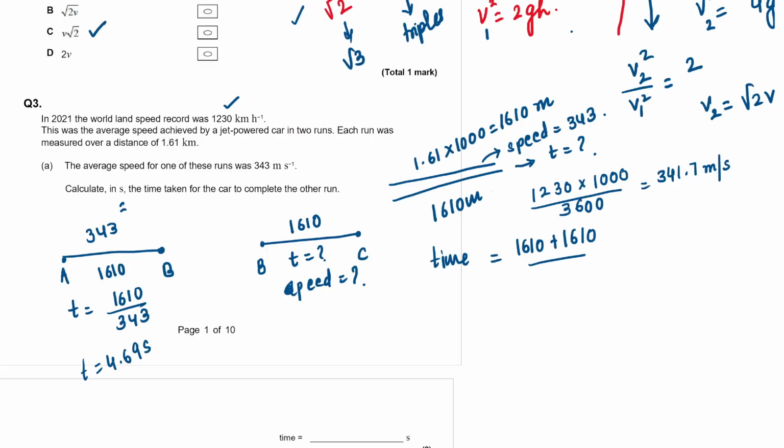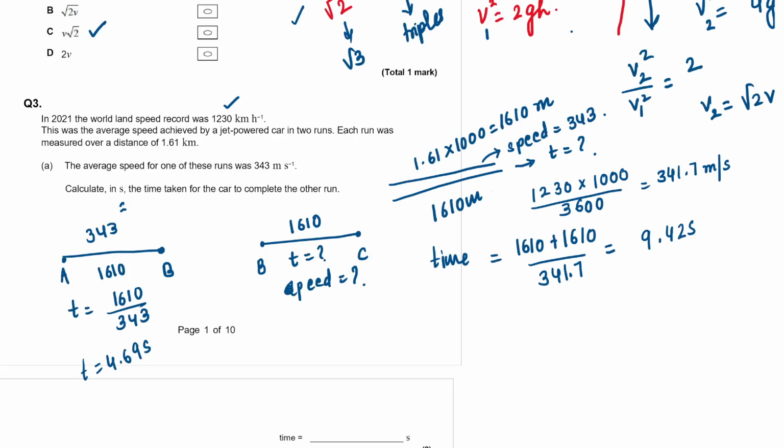So if I plug it in here, I will get the total time of the journey, which is coming around 9.42 seconds.